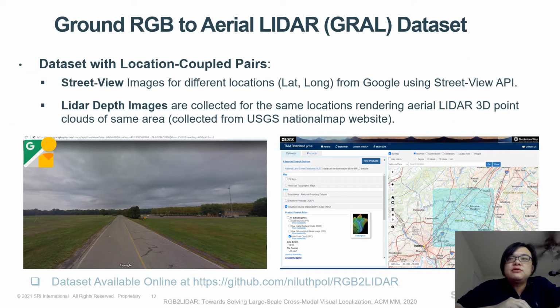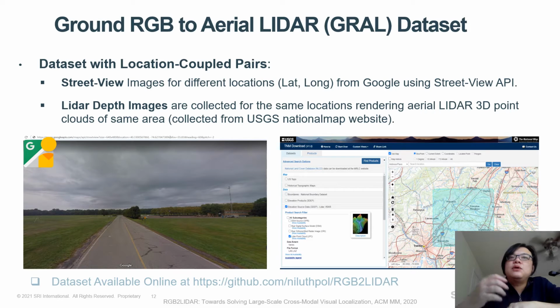One major difficulty for cross-modal geolocalization is that it lacks a benchmark large-scale dataset. To address this problem, we created a benchmark dataset, which we call the GRAL Dataset. To create this dataset, we downloaded the street view images from Google using an open source API for different locations.